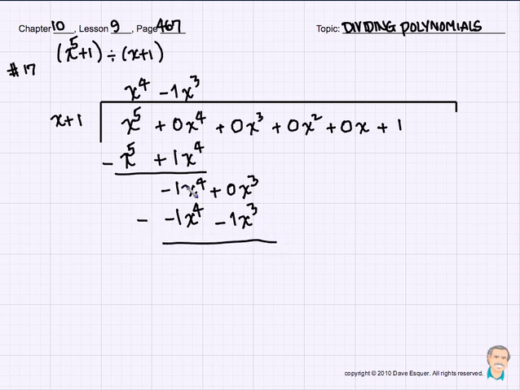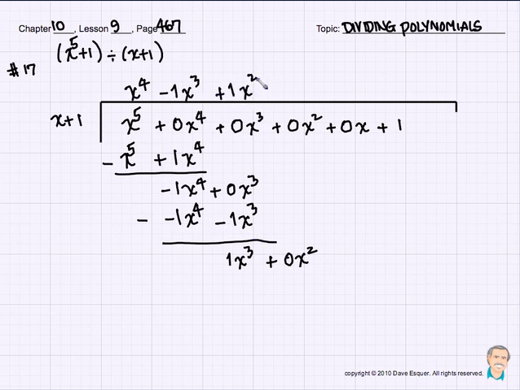We subtract a negative x to the fourth, take away a negative x to the fourth is 0. 0x cubed take away a negative 1x cubed is a positive 1x cubed. We bring down our 0x squared. Well, how are we going to get an x squared with an x?